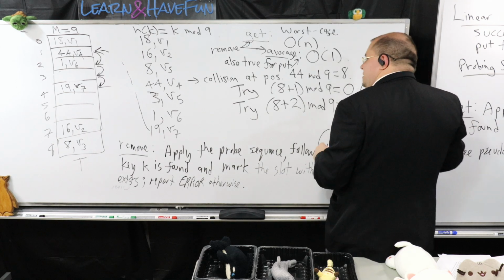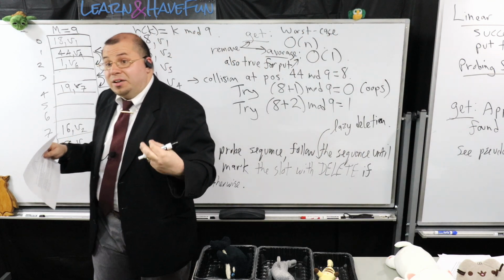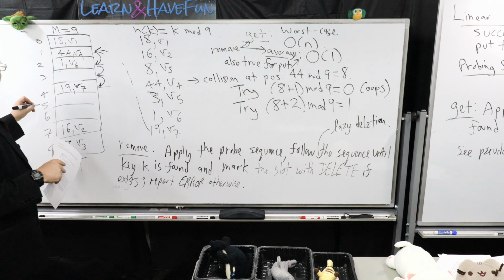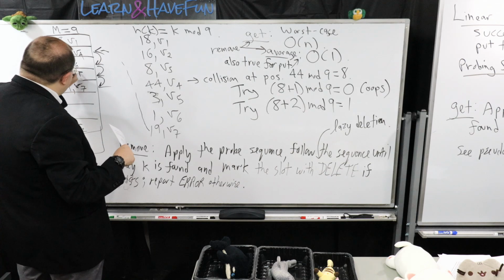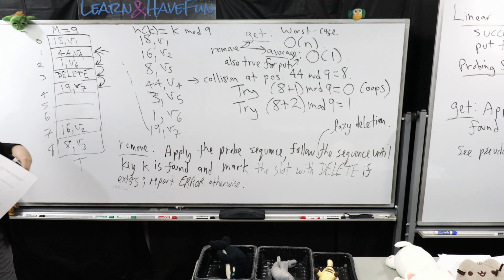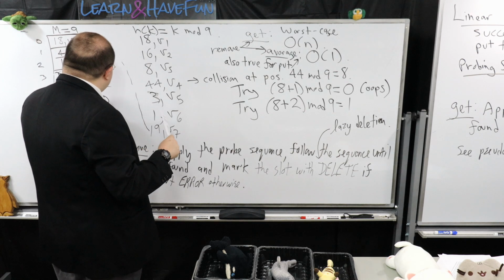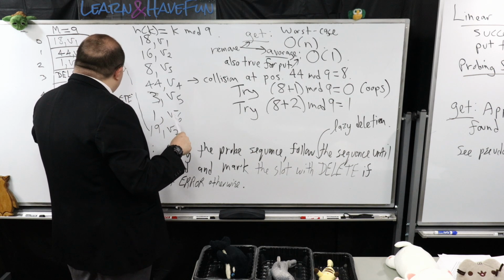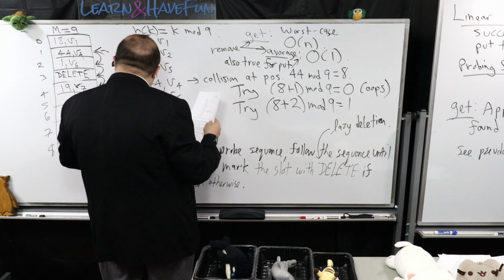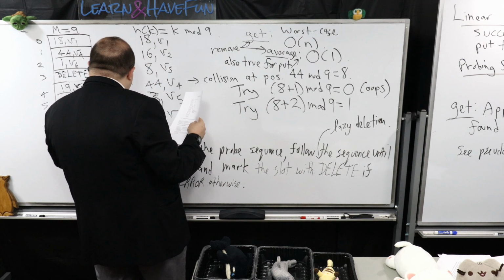So if ever you need to delete stuff and you need to still act like it exists, what you do is you create something that isn't null. You put it there, but the point is that delete is not equal to null, but it's not equal to any of the keys.